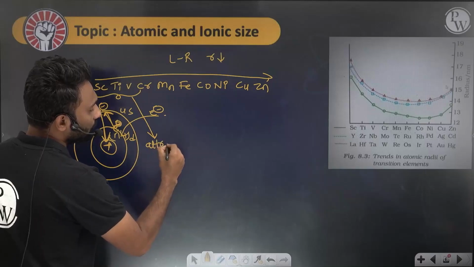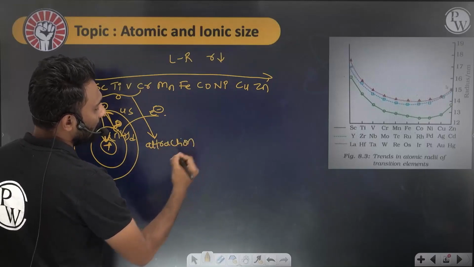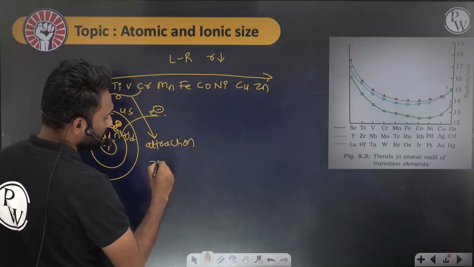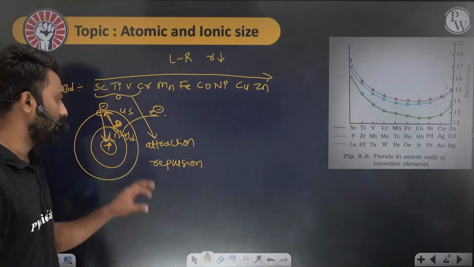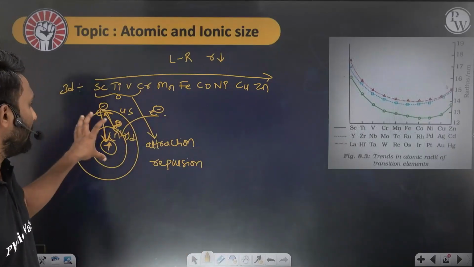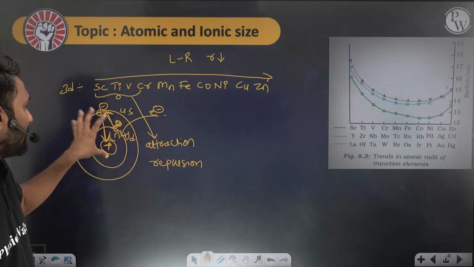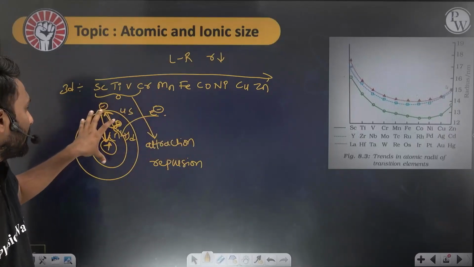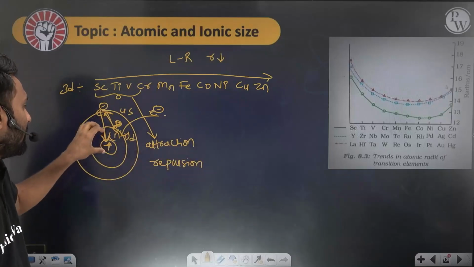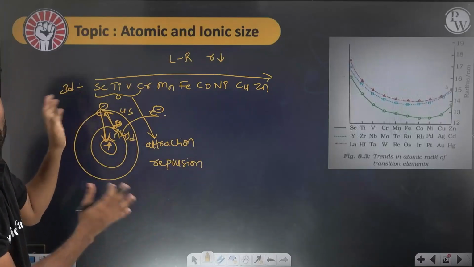Attraction and repulsion ಅಲ್ಲ. ಈಗ ಅಟ್ರಾಕ್ಷನ್ ಜಾಸ್ತಿ ಇದೆ ಅಂದ್ರೆ ರೇಡಿಯಸ್ ಕಡಿಮೆ ಆಗುತ್ತೆ. ರಿಪಲ್ಷನ್ ಜಾಸ್ತಿ ಇದೆ ಅಂದ್ರೆ ರೇಡಿಯಸ್ will become big ಅಲ್ಲ.